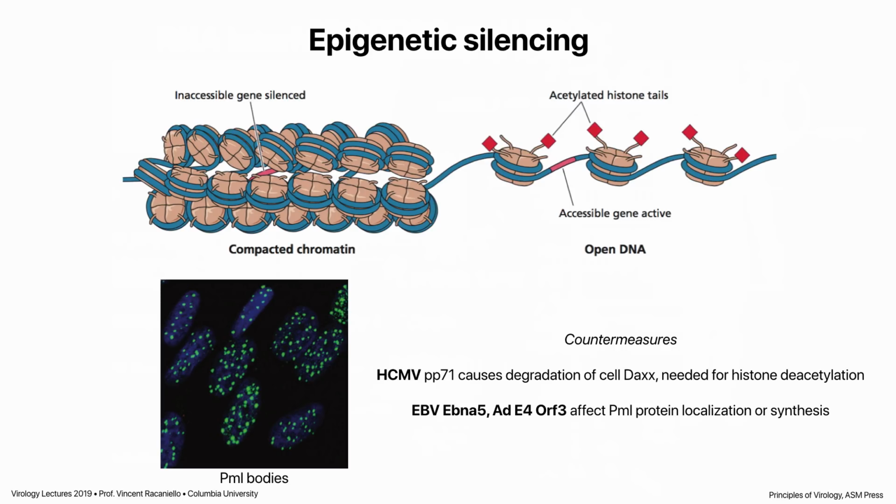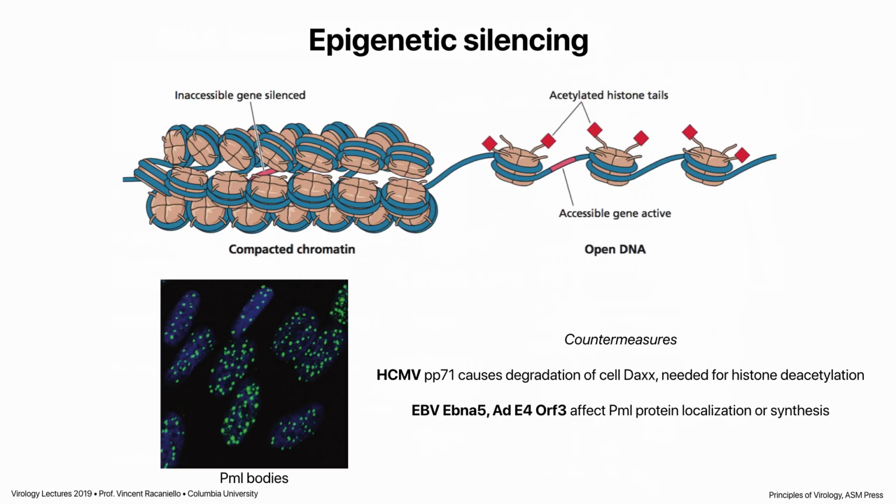So the DNA is silenced epigenetically. And all that means is that the chromatin is compacted. If DNA comes in the nucleus and it's not already wrapped around chromatin, it will be wrapped around chromatin and then silenced by methylation of the DNA, deacetylation of the histones, many mechanisms.